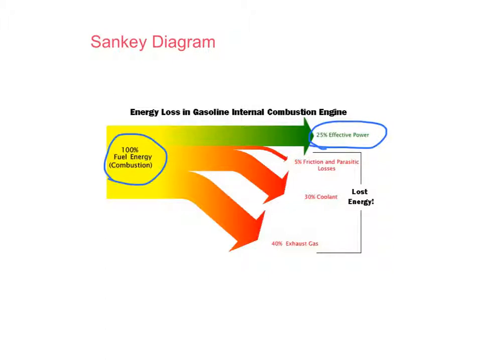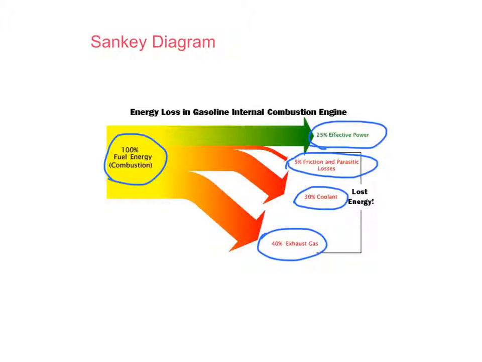5% of the energy is used in overcoming friction and losses in the engine and drivetrain. So we get a much skinnier arrow representing 5%. Ideally, the thickness of that 5% arrow should be 5/100ths or 1/20th of the thickness of the original yellow arrow coming from the left. 30% of the energy goes into heating the coolant, so we have an arrow that's 30% as wide as the original, and 40% comes out of the engine as exhaust heat, and that arrow should be 40% as wide.